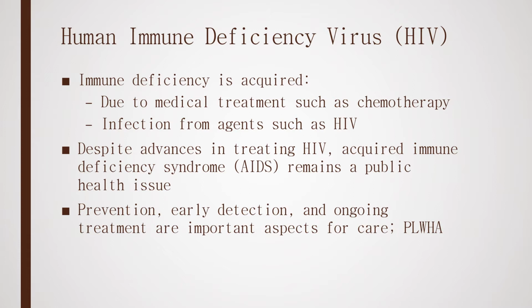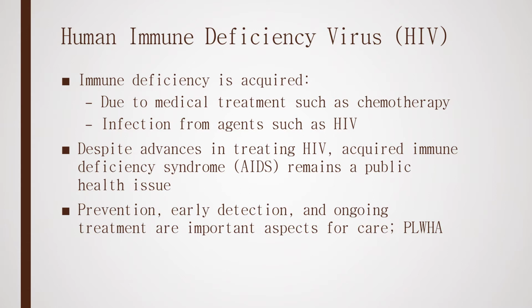Now, talking about acquired immunodeficiency: human immunodeficiency is an acquired immunodeficiency that can develop due to a medical treatment, like if we have a patient diagnosed with cancer and receiving chemotherapy for any reason, or infection from agents.